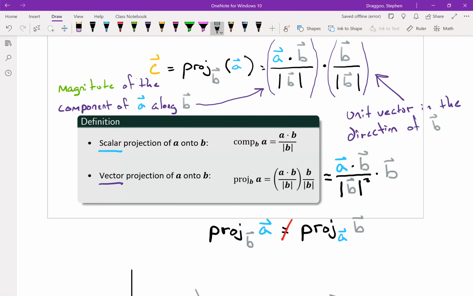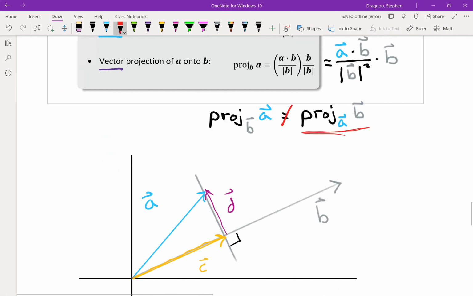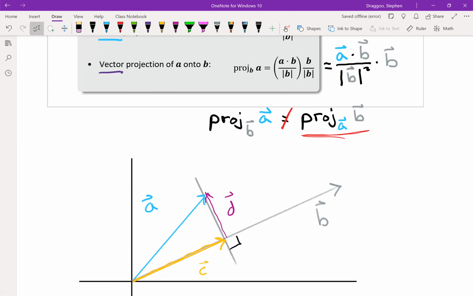Since if we were to look at that projection, let's pick a color we haven't used yet. How about red? I don't think we've used red yet. If we look at the projection of B onto A in the diagram below, that would mean constructing an entirely different vector that goes in the direction of A. Something close to this, where if we again constructed some line that was perpendicular to A and look at where it intersected with B, we can see that that red vector is not remotely close to that yellow vector.